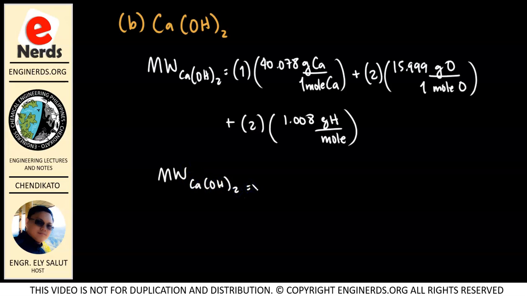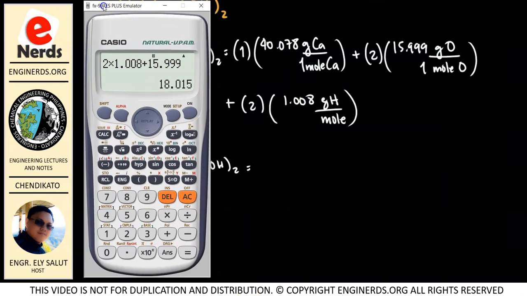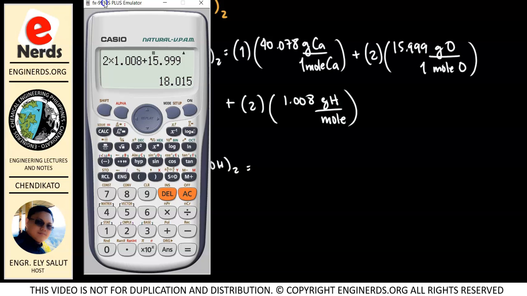Ca(OH)2. Okay, so let us use again our calculator para makita natin how are we proceeding with the calculation. So we have 1 times 40.078 plus 2 times 15.999 plus 2 times 1.008.